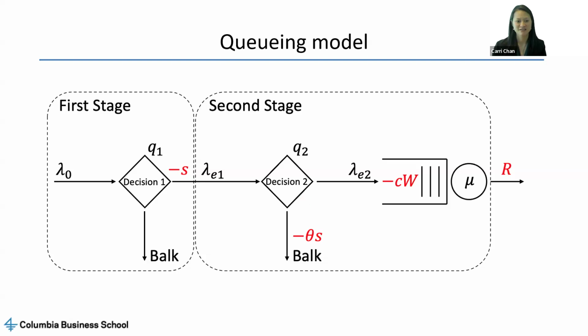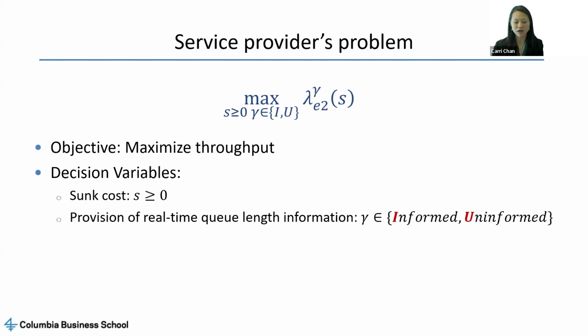All right. Great. Customers are strategic. Their goal is to maximize their own utility. And the service provider is trying to maximize throughput of the system given the customers' choices. So this is the system throughput. There are 2 control levers for the system designer.